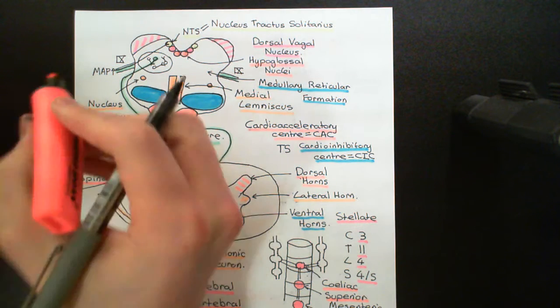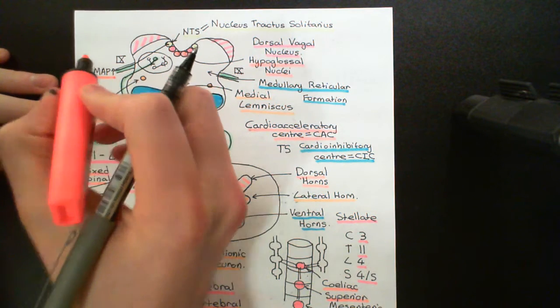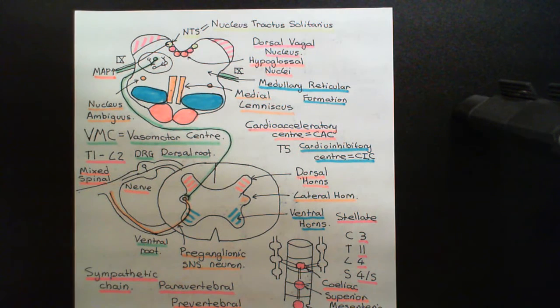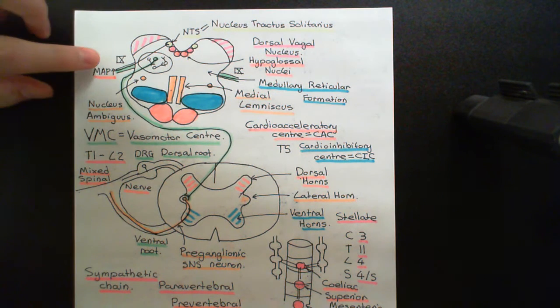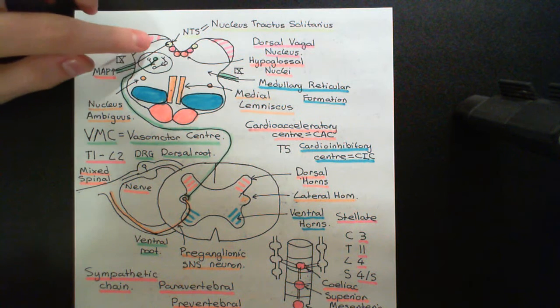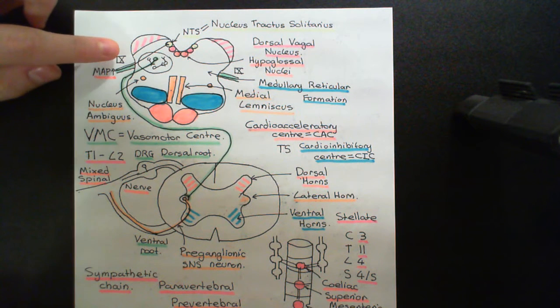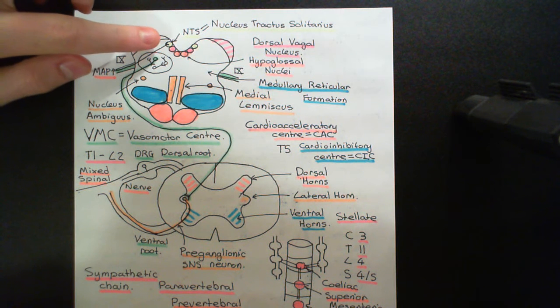Rather than trying to do them both at the same time, let's just do them one by one. So what happens if mean arterial pressure is too high? Then the frequency of action potentials arriving down these baroreceptive afferents, the central processes of them, is going to be too high. Okay, this is now going to be overstimulating the neurons in the nucleus tractus solitarius.